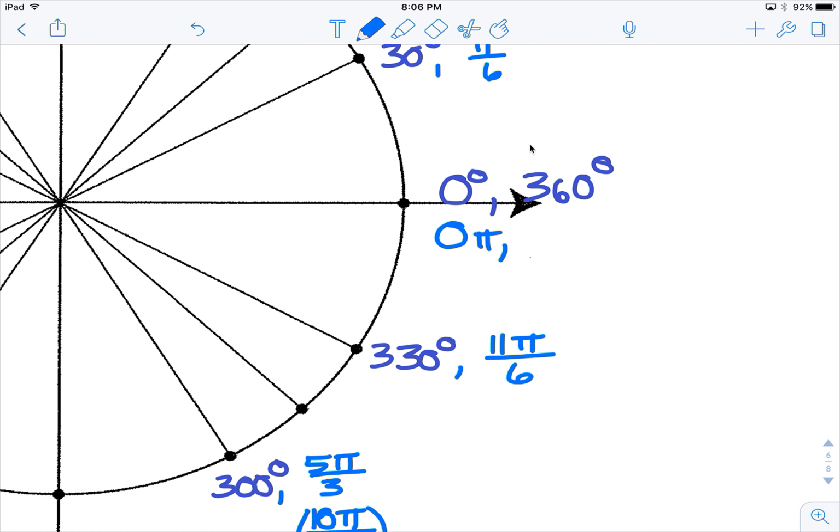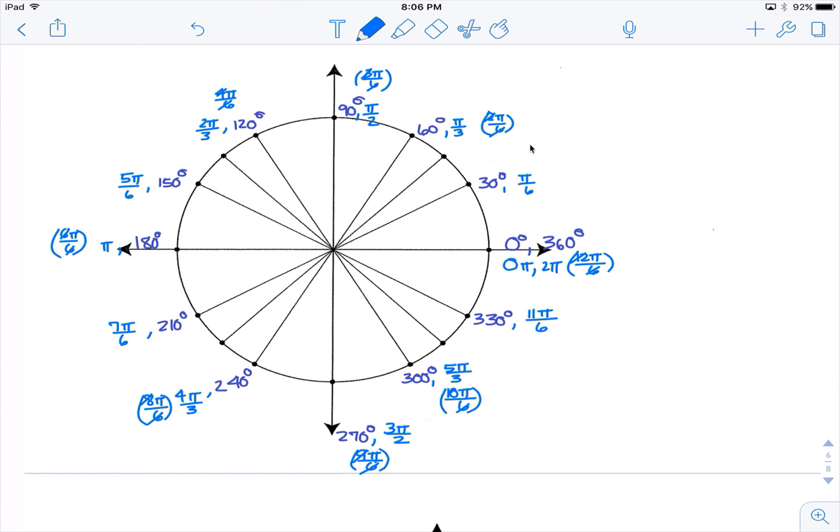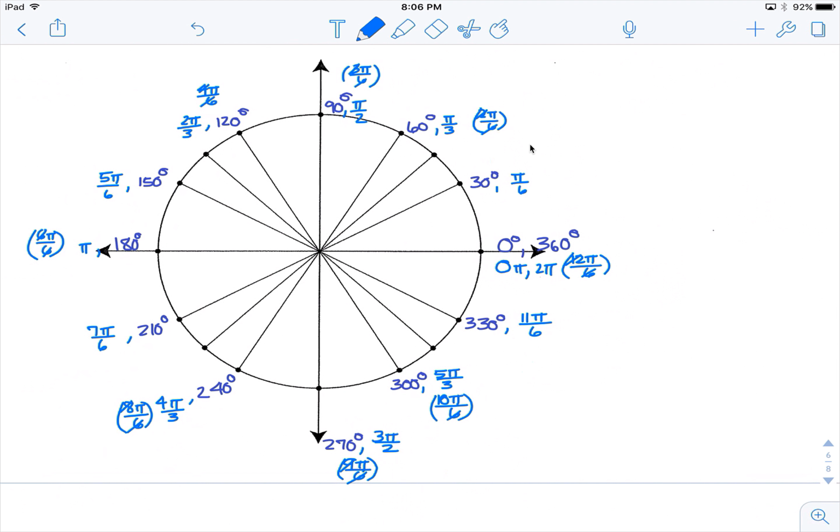Okay, so we have counted all the way around by 30 degrees or by multiples of pi over 6's. Now the next thing we need to do is go in and put our special right triangle, but this time we're going to use our 30, 60, 90.